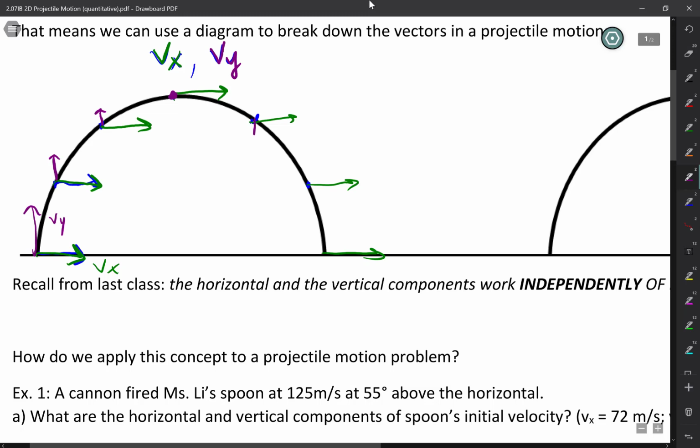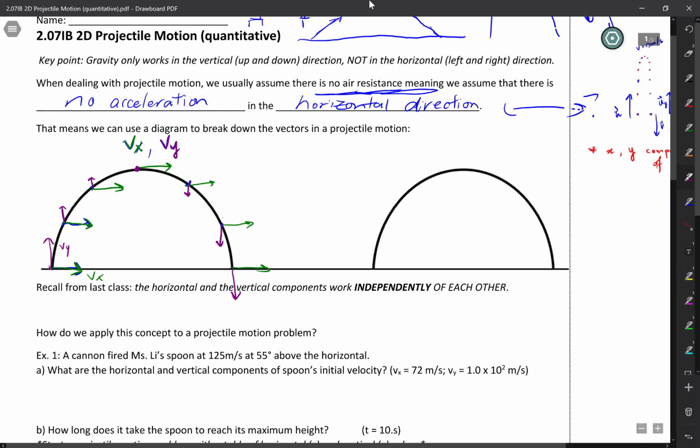When it comes back down again, it's going to get increasingly larger, very similar to that on the left-hand side, but in the opposite direction. So that's for the vertical velocities. And now for the acceleration, we know that horizontal acceleration should be 0, but for the vertical acceleration, this is always 9.81 meters per second squared in the downwards direction.